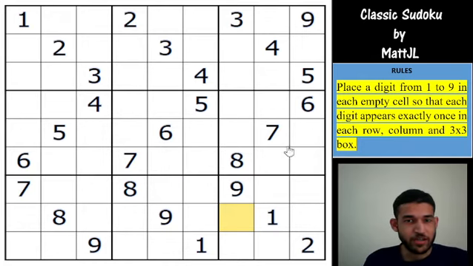Okay, so there is a 7 in row 5, row 6, which means the 7 has to go here. And that gives 7 in one of these cells.